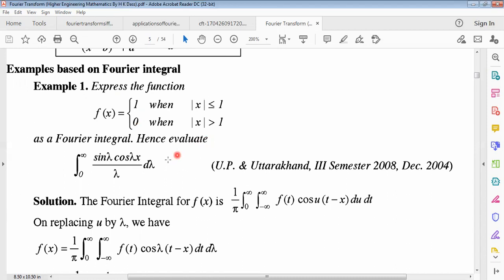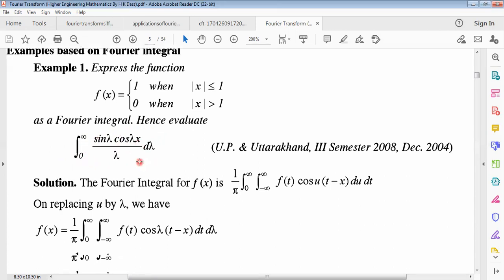Hence evaluate the improper integral from 0 to infinity of sine lambda cos lambda x divided by lambda d lambda. We have to find the value of this, using the condition of the function.